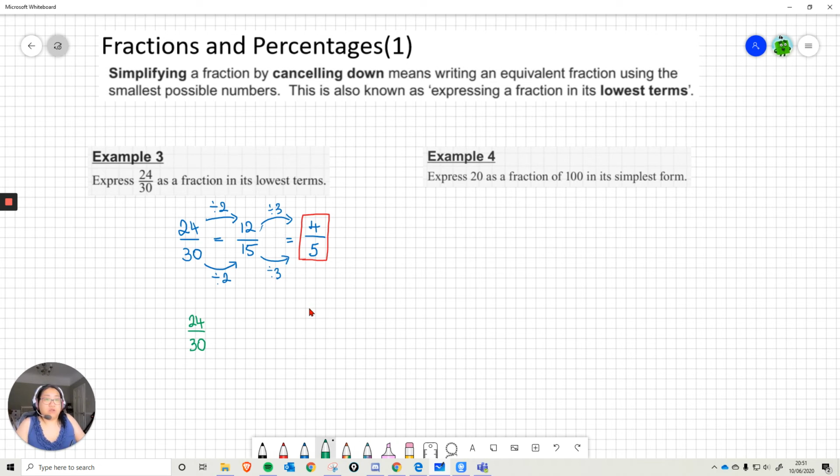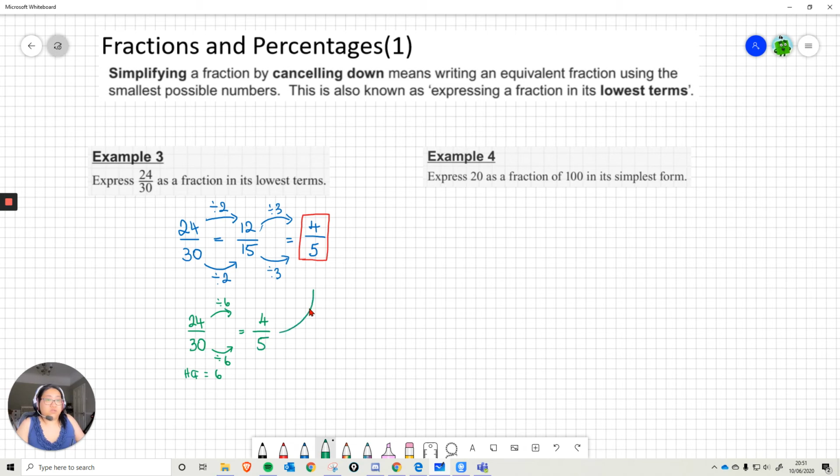By looking at both of these, I know the highest common factor is 6. So I'm going to divide the numerator by 6 and the denominator by 6, and I'll get 24 divided by 6, which is 4, and 30 divided by 6, which is 5.